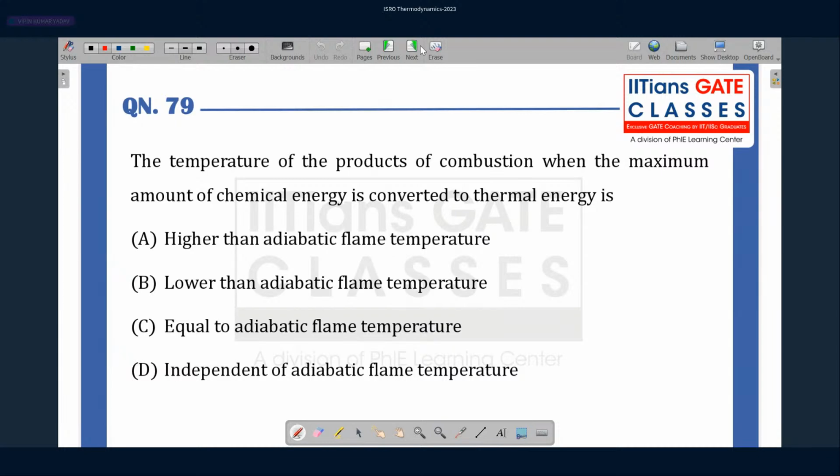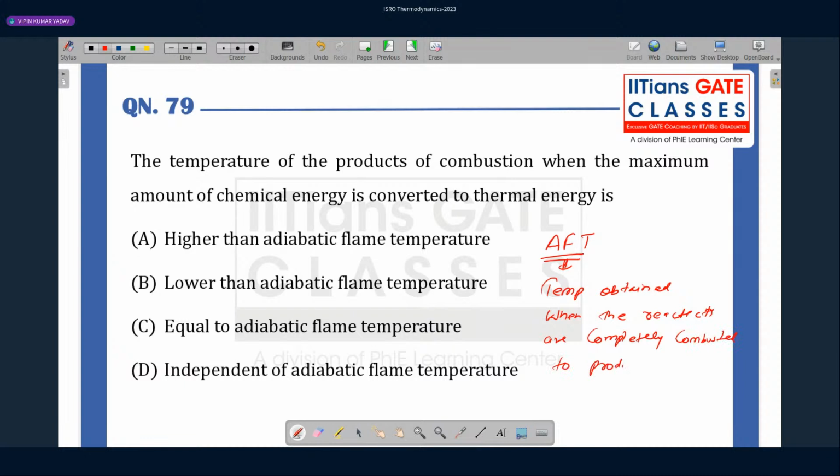I hope you already know the definition of adiabatic flame temperature: the temperature obtained when the reactants are completely converted, or combusted, to products.